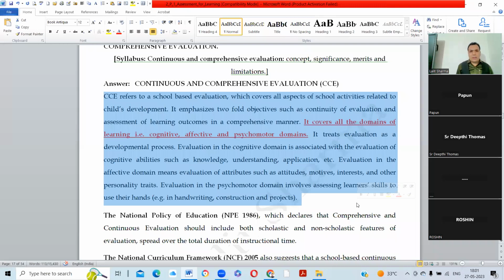Basically, the first para is important. You have to learn it. Okay, you have to understand. Guys, CCE, continuous and comprehensive evaluation. It is a school-based evaluation which covers all aspects of school activity related to the child's development. It emphasizes twofold objectives such as continuity of evaluation and assessment of learning outcomes in a comprehensive manner.